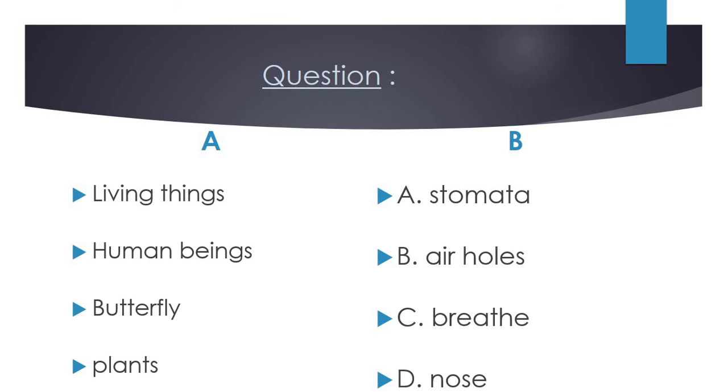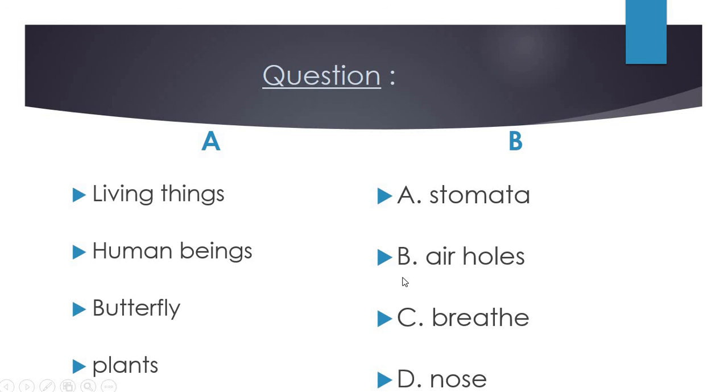Now, like I said, if you think living things matches with option A, you write option A beside living things for now, just as a trial. Obviously, I am going to display the correct answer. So what do you think? Living things matches with stomata, air holes, breathe or nose?